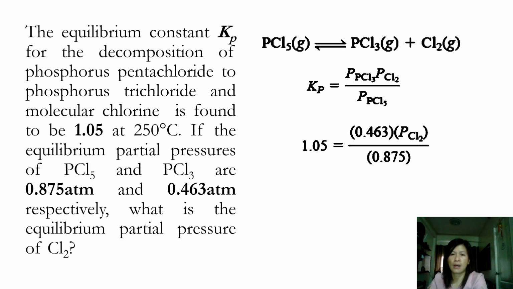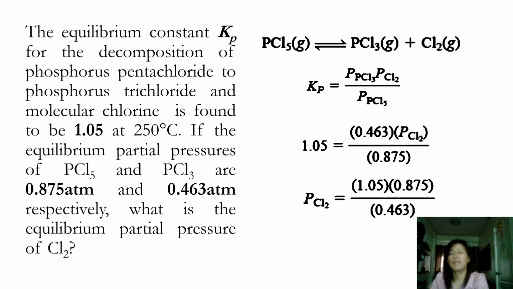Cancel the units. So we shall have the equation, but first let us substitute to get the equation for the equilibrium partial pressure of chlorine. So we will be transposing the denominator 0.875.